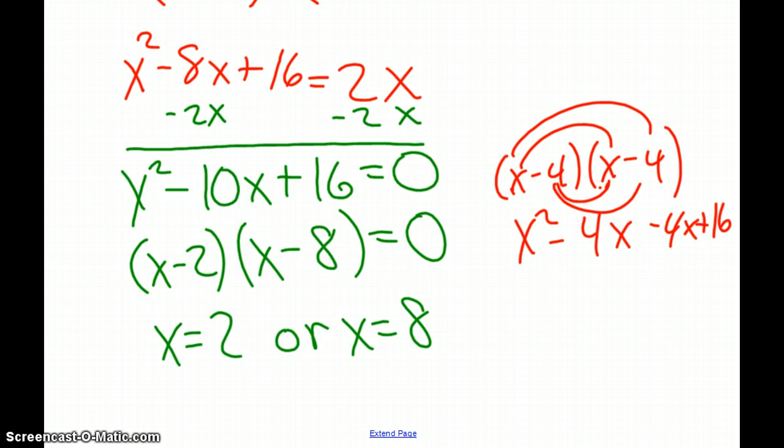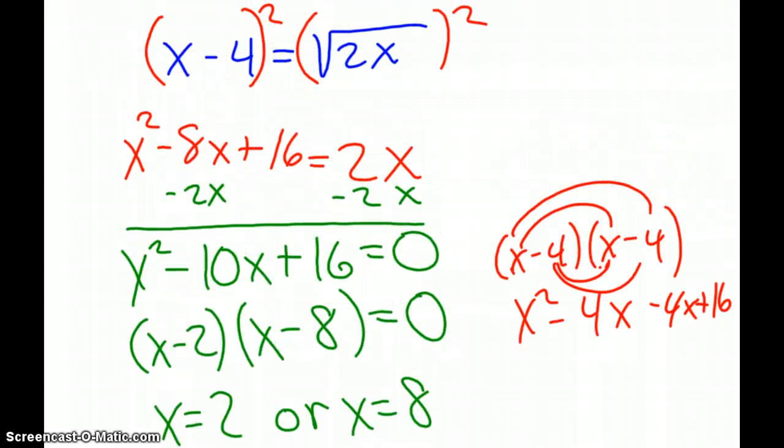Now, I'm going to go back and check my solutions because, like I said, it's important when we're doing this that we always check our solutions. So I go back to my original equation, and I have 2 minus 4 equals the square root of 2 times 2.